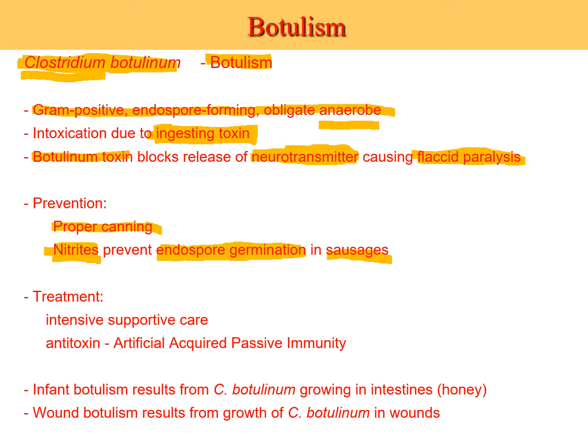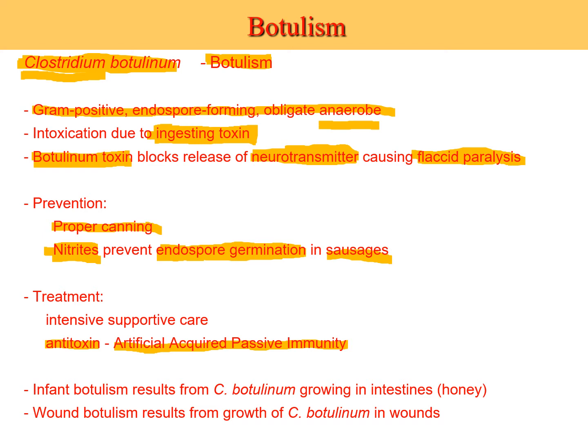Treatment if a person has ingested the botulinum toxin is by very intensive supportive care and receiving the antitoxin antibody against the botulinum toxin. So again, this is an artificial acquired passive immune therapy.